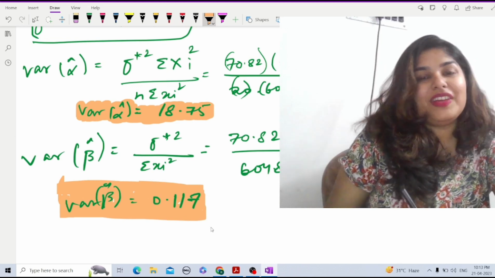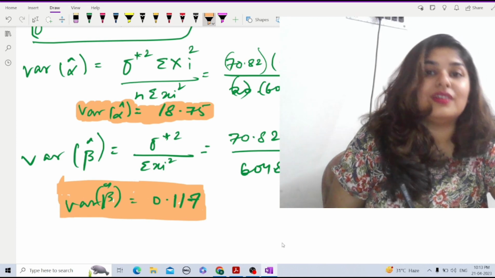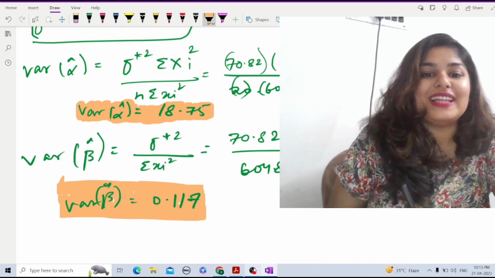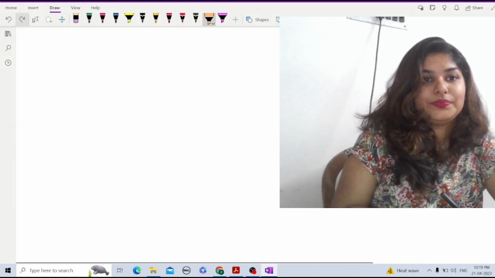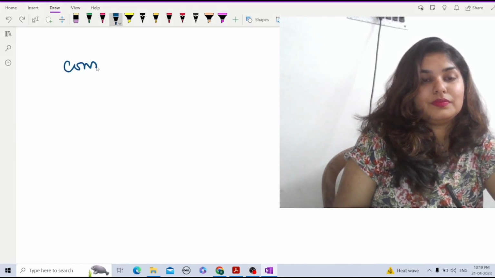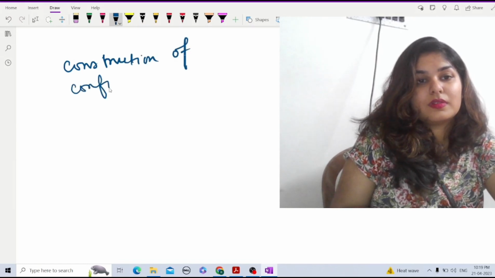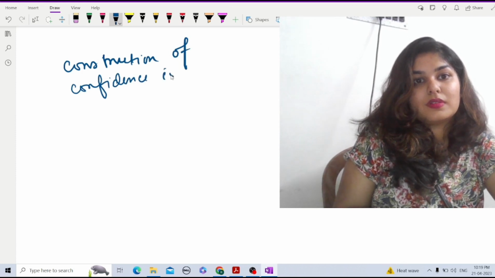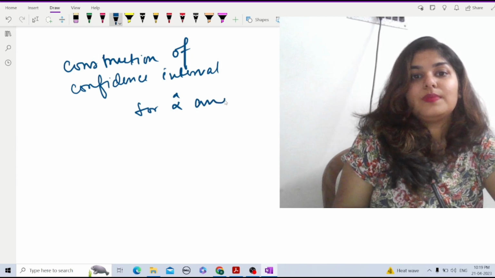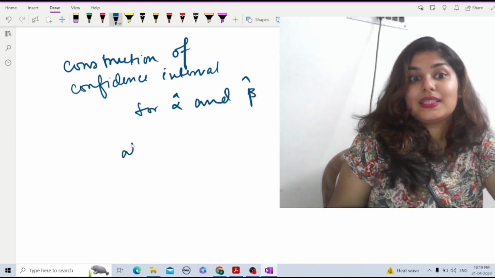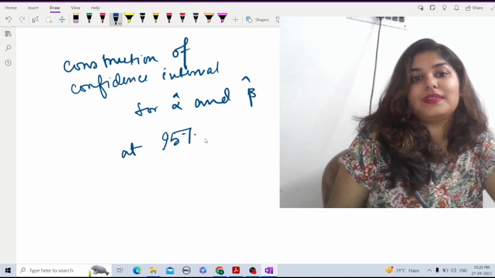Okay, so after we have got it, next we are going to find out our confidence interval for alpha hat and beta. The construction of confidence interval here for alpha hat and beta hat at 95%.